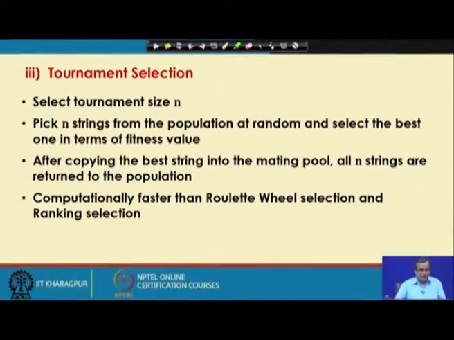Now, this tournament selection is computationally faster than the Roulette-Wheel selection and the ranking selection. Another thing I want to point out is that GA in principle can solve the maximization problem. So, if we have a minimization problem, as I discussed, we will have to convert it to a maximization problem. But if you use tournament selection, we need not convert the minimization problem to a maximization problem, and directly we can tackle it.